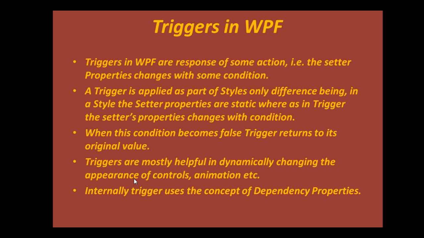This is done inside a trigger. The moment the condition becomes true, a change notification is sent to the WPF engine, and the moment the condition becomes false, a change notification is sent to the WPF engine. This is how a trigger works internally. Anyhow, I am going to cover dependency properties in great detail in a later video session.